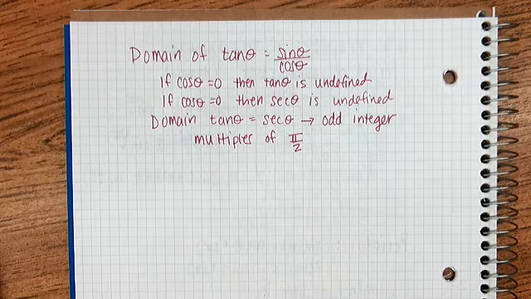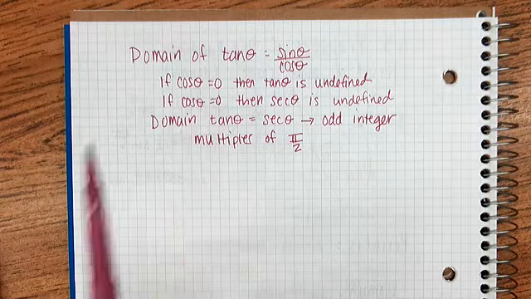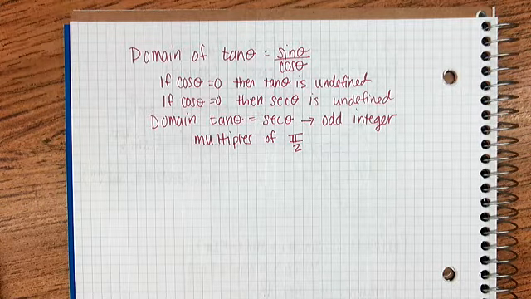The tangent domain is the same as the secant domain because they both involve cosine in the denominators.